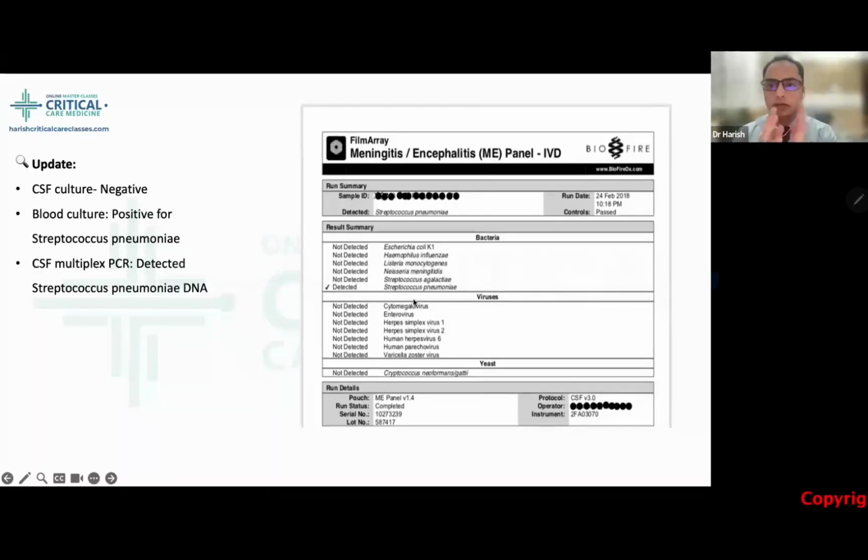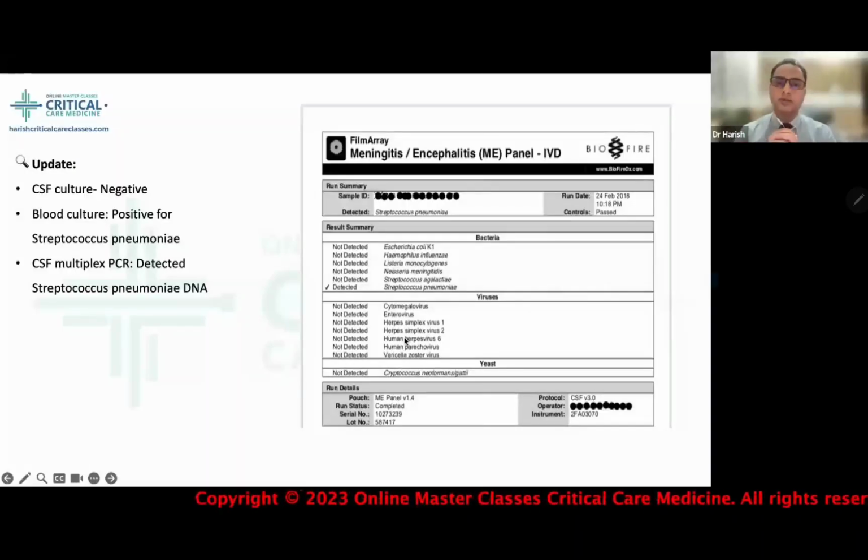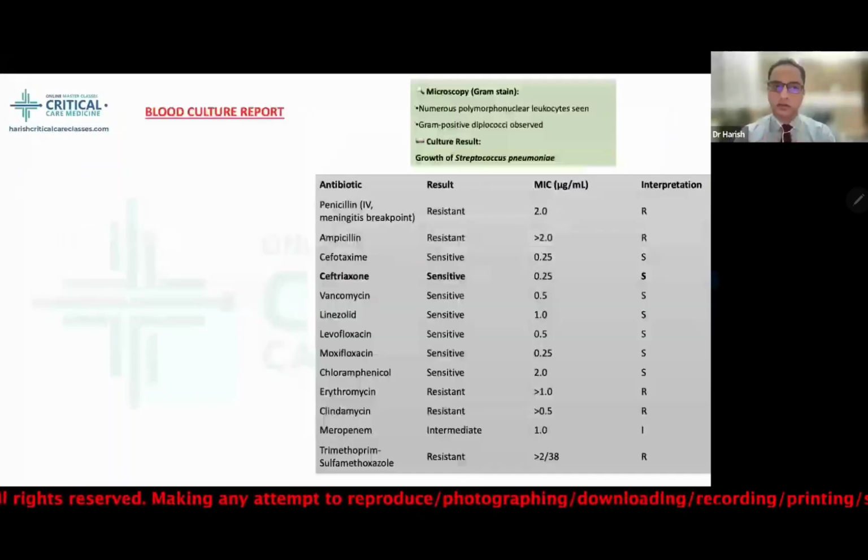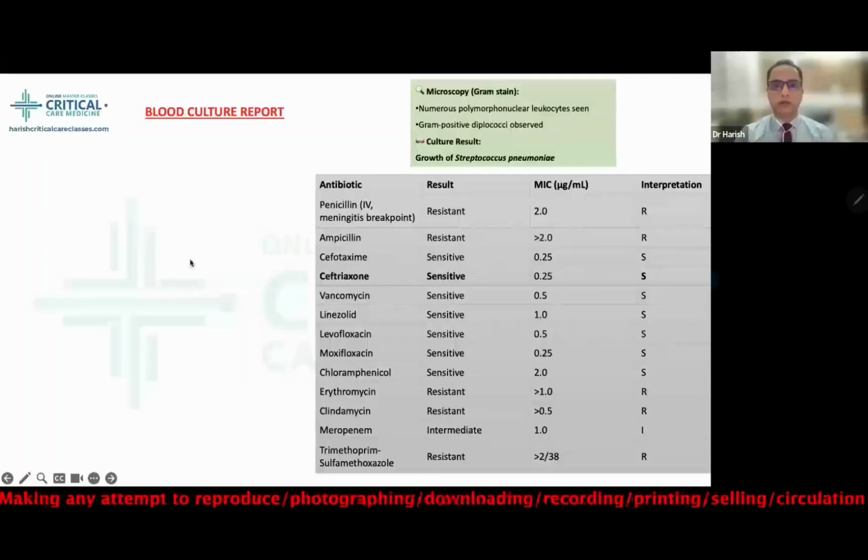One good thing about multiplex PCR is that if it comes negative for HSV, straight away we can stop the acyclovir. Otherwise, acyclovir has its own problem, that of nephrotoxicity. So at least you rule out viral HSV, and you can stop the acyclovir in that particular patient.